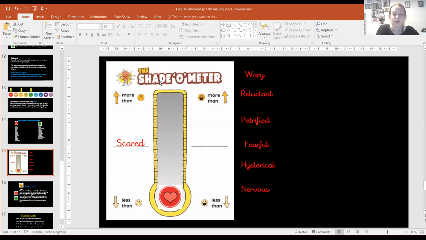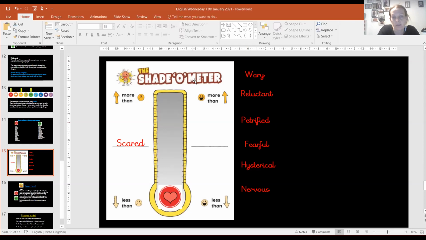Now, the shadometer, whatever you want to call it. Sometimes we word collect in class and we think of all these fantastic words, for instance, nervous, hysterical, fearful, petrified, reluctant, wary. But sometimes we find it difficult then to choose the right word for the right moment in the story.